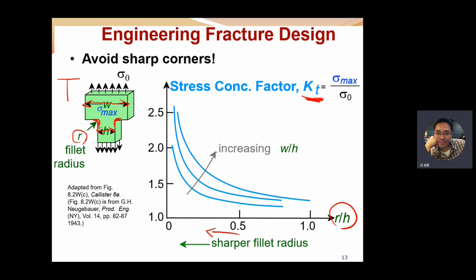So if we fix the ratio of W over H, for example, this is the first curve, the second curve, the third curve, we can figure out that the sharper the fillet radius, the higher the stress concentration we get.